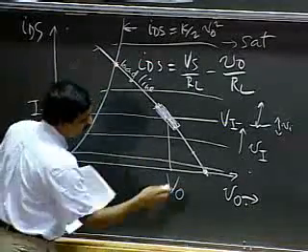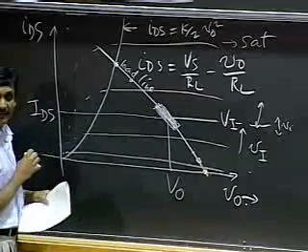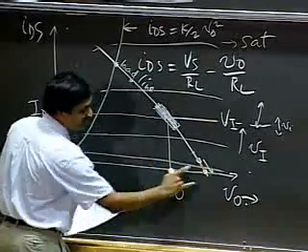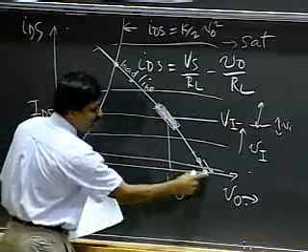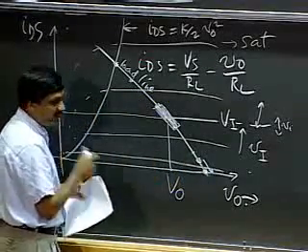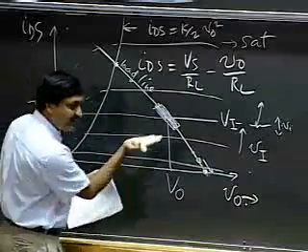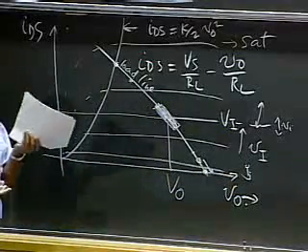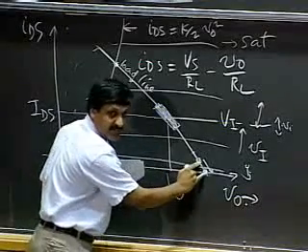On the other hand, if I choose my operating point to be here, for negative excursions of the input signal, I have a very small amount before I hit cutoff. So for negative traversals of VI about the operating point, I very quickly hit cutoff.